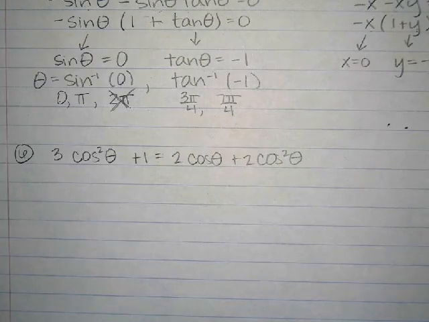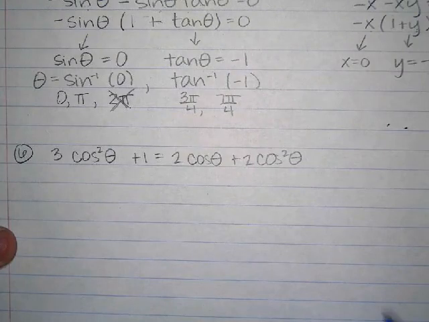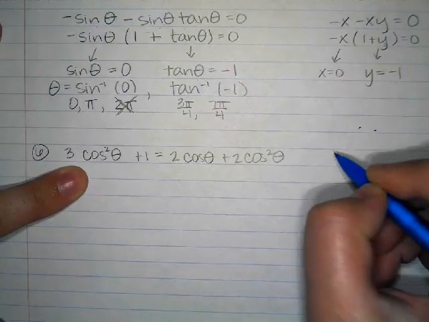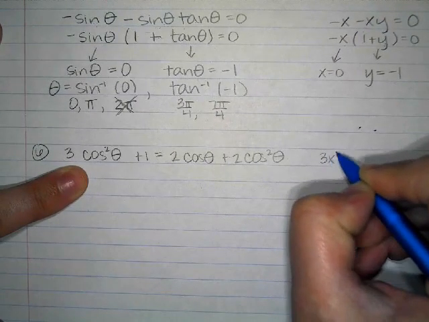If we were to write this with x's, this would be 3x squared plus 1 equals 2x plus 2x squared. That's the problem that we're working with.